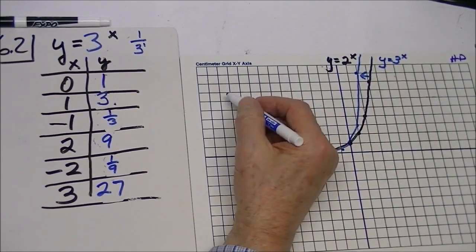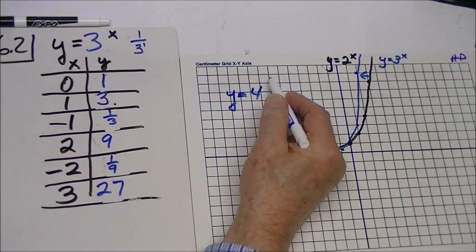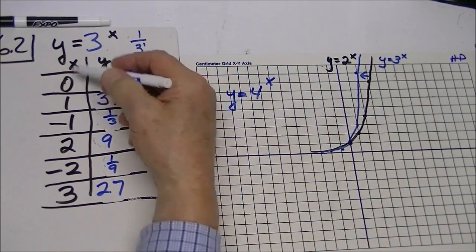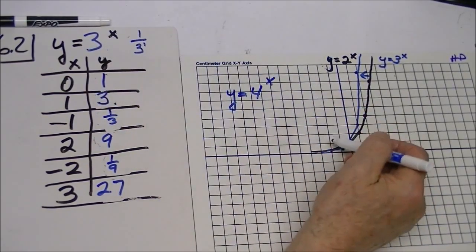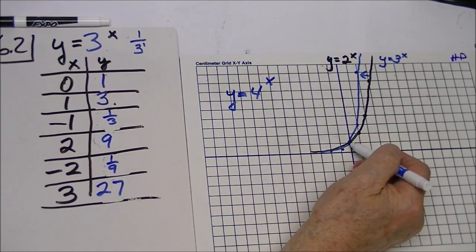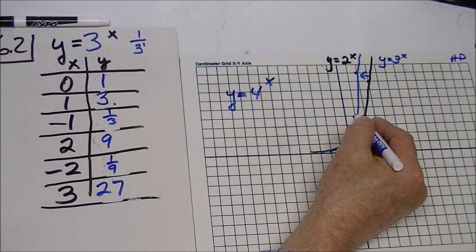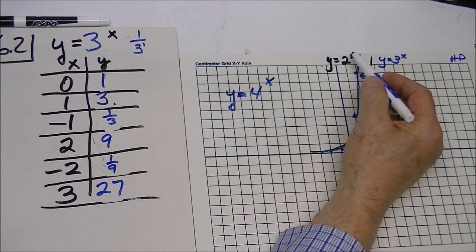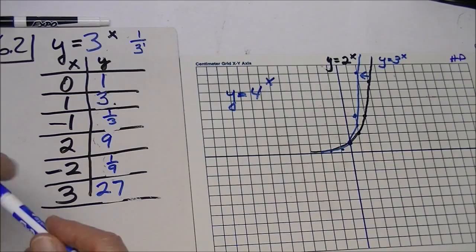So a question is, where would y equals 4 to the x power be? Well, we would just change these numbers, and again, anything to the 0 power is 1, but then 4 to the first brings you up here, and then 4 to the second brings you up here to 16. So let's put a different color on that.